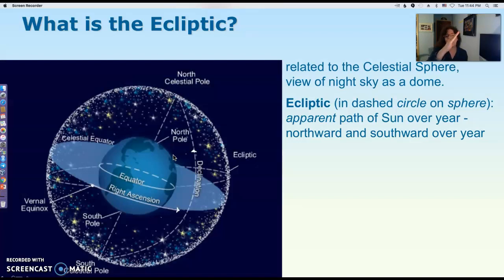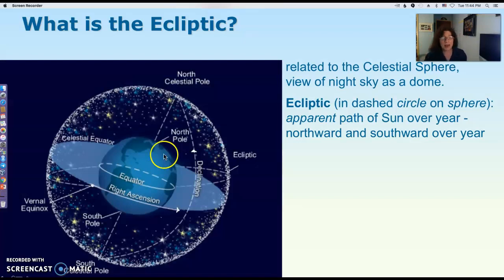So we are thinking about this rotating Earth on its tilted axis as revolving around the sun. And the ecliptic in those dashed lines are the projected movement in a horizontal plane of that revolution around the sun.